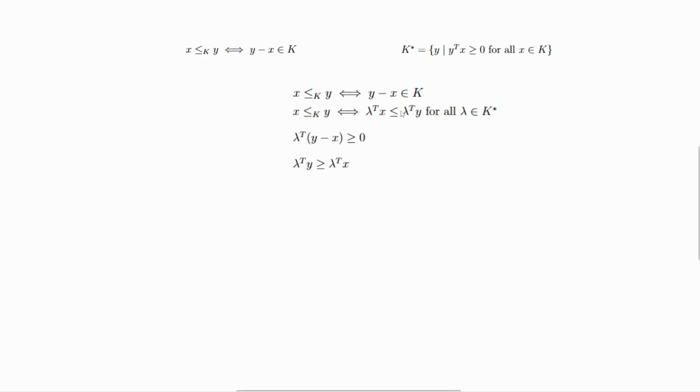And so if we move the lambda transpose x to the right side and factor out a lambda transpose, we get lambda transpose times the difference, y minus x, is greater than or equal to 0.